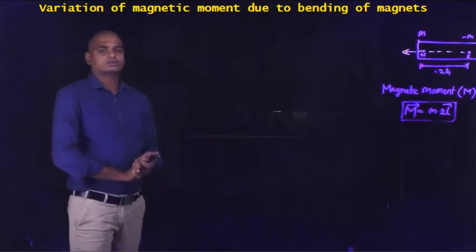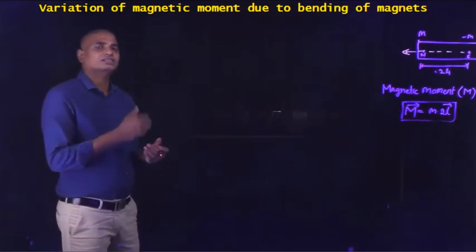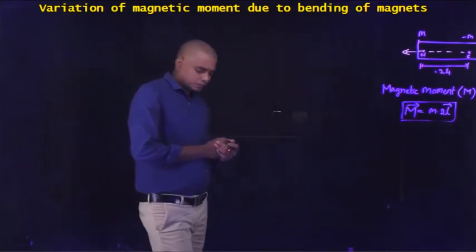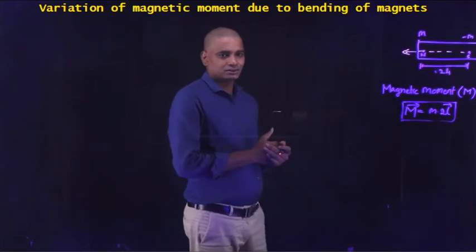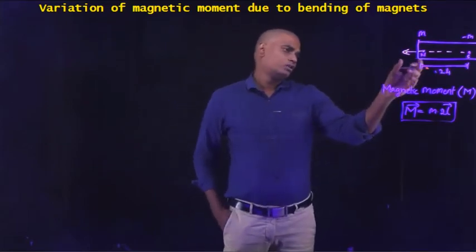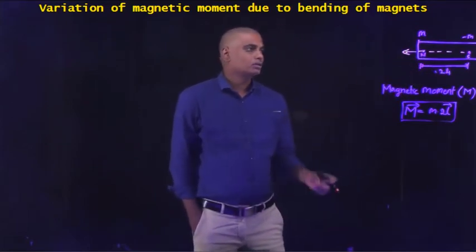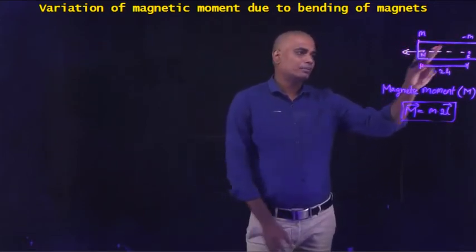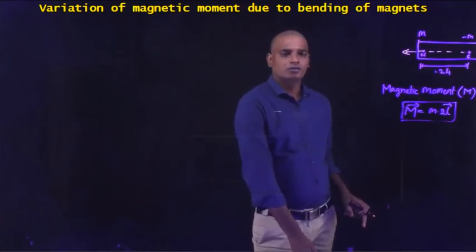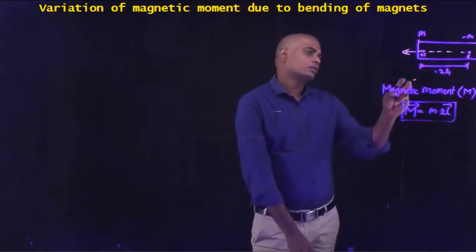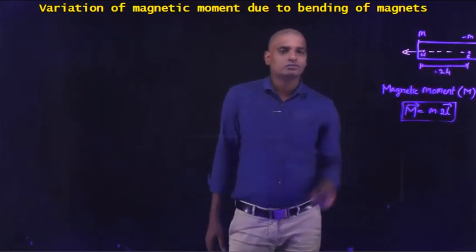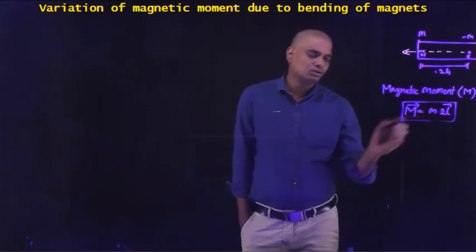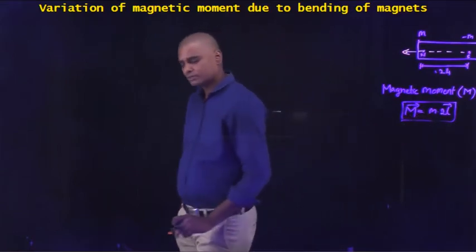Before that, from our last discussion, we know that for a bar magnet of pole strength m and minus m, which has a magnetic length of 2L, the magnetic moment is m bar equal to m into 2L bar.